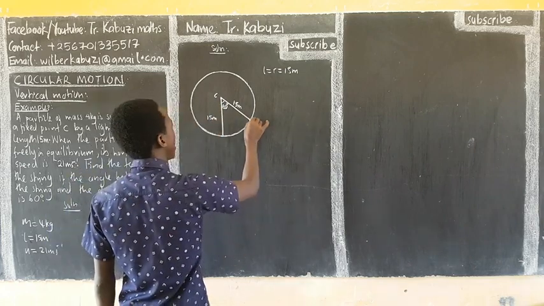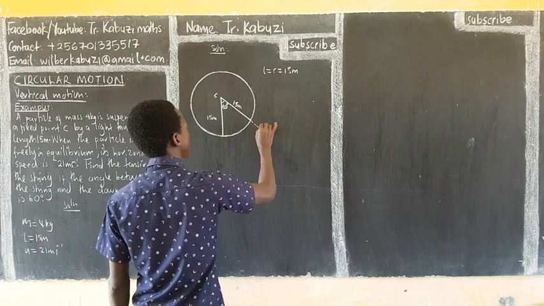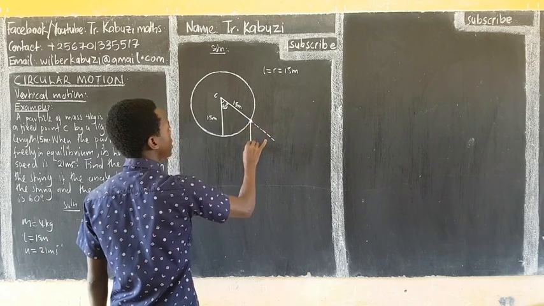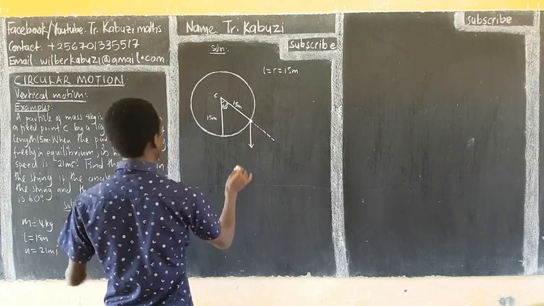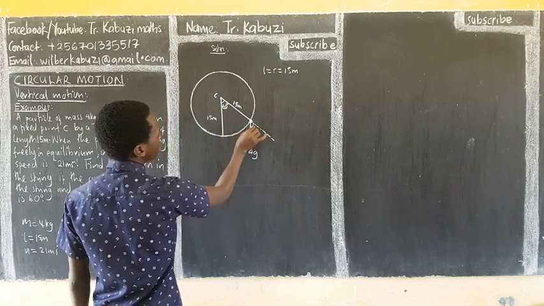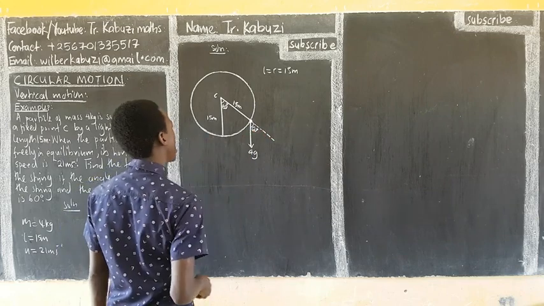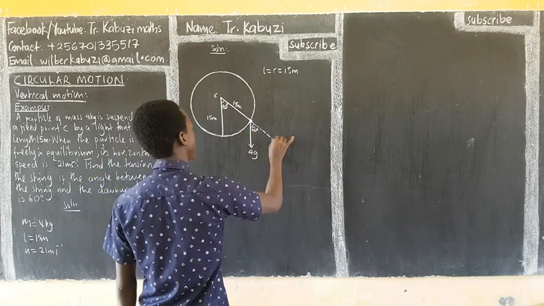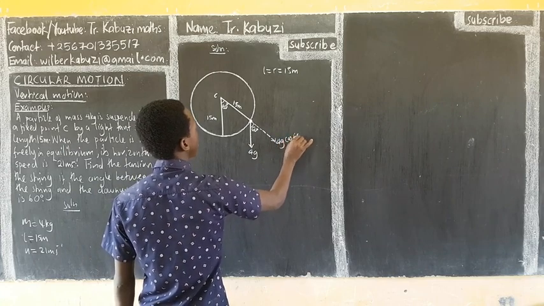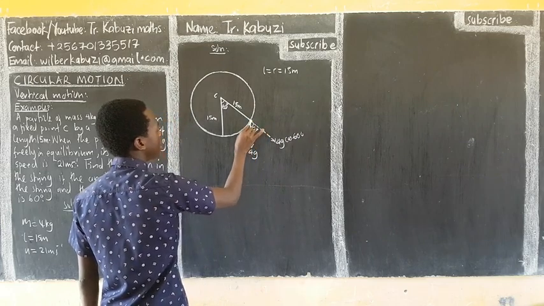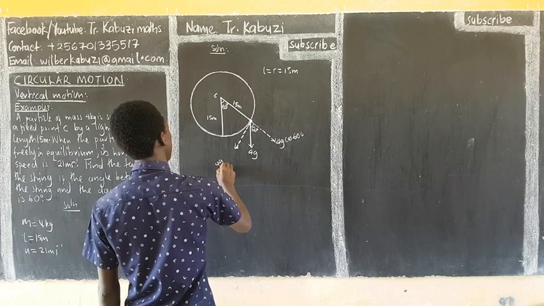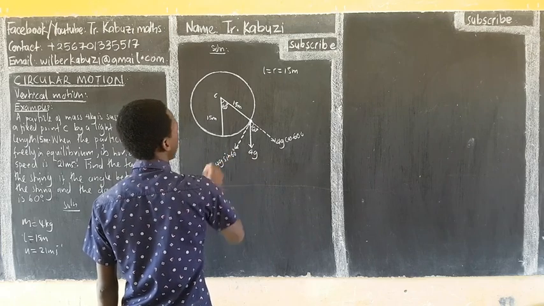Now from here, I'm going to separate this, and my weight, I mean my particle, of course exerts the weight of mass times g. This angle here is also the same as that angle, 60 degrees. If you resolve this weight, we have 4g cos 60 degrees, and then this horizontal component here is 4g sin 60 degrees.